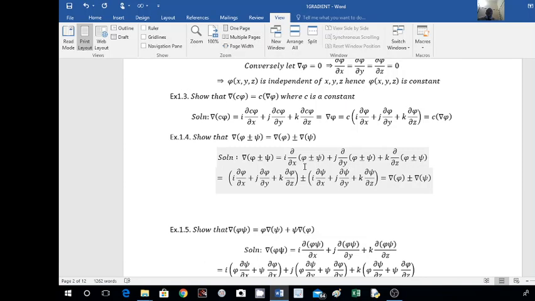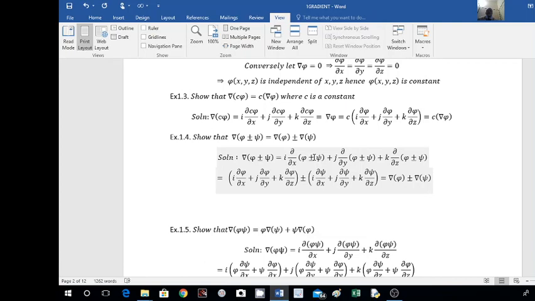Okay. Now here operating on this, we have d/dx of (u plus or minus v) is du/dx plus or minus dv/dx. So operating here we get i ∂π/∂x plus j ∂π/∂y plus k ∂π/∂z operating on pi here.